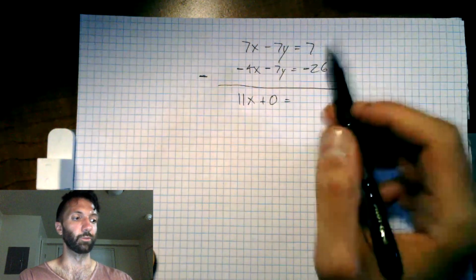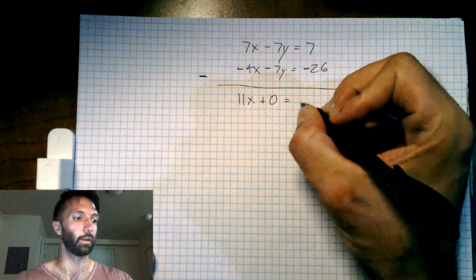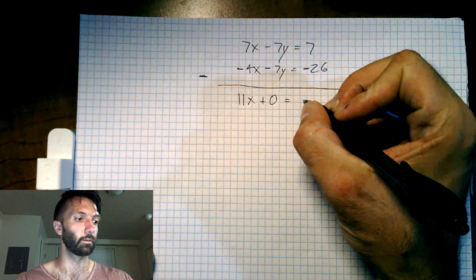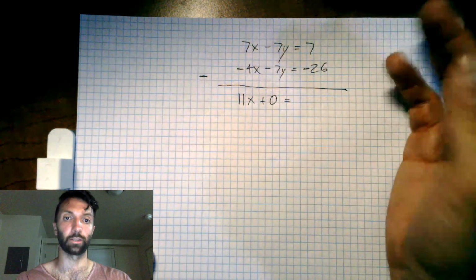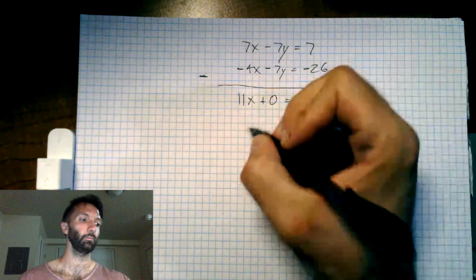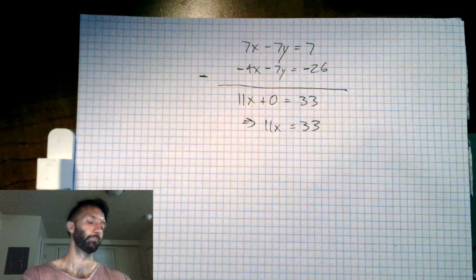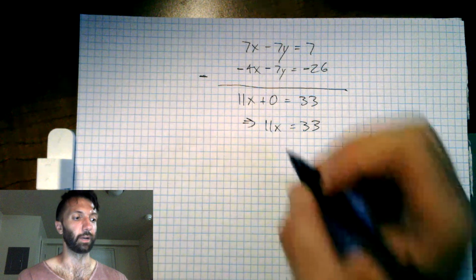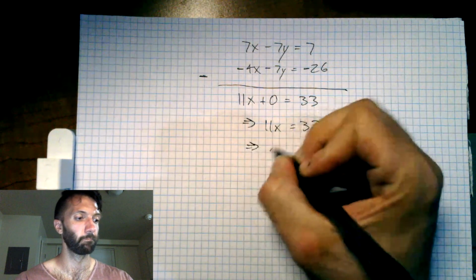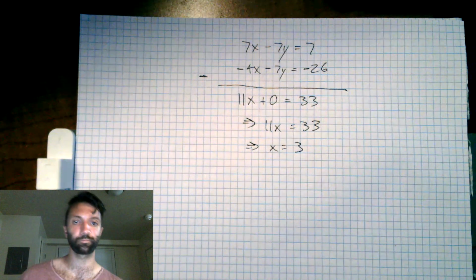All right, and then we subtract 7 minus negative 26, and that is the same thing as saying 7 plus 26, which is going to be 33. Simplify. And then we can divide both sides by 11 here. You see that x equals 3.